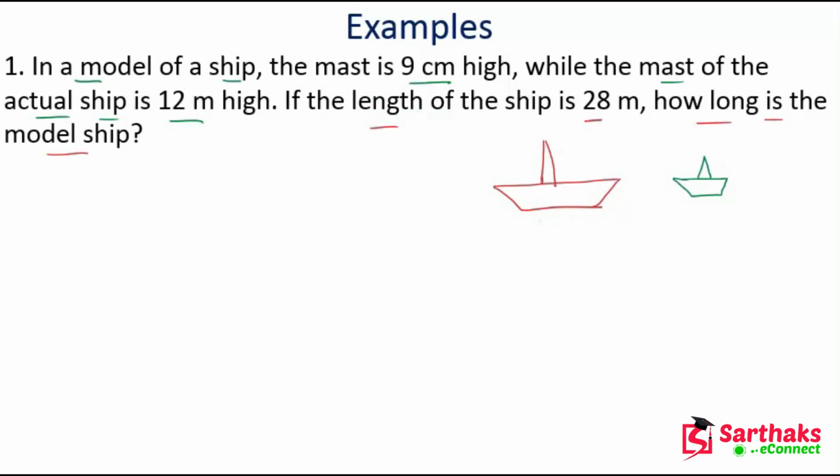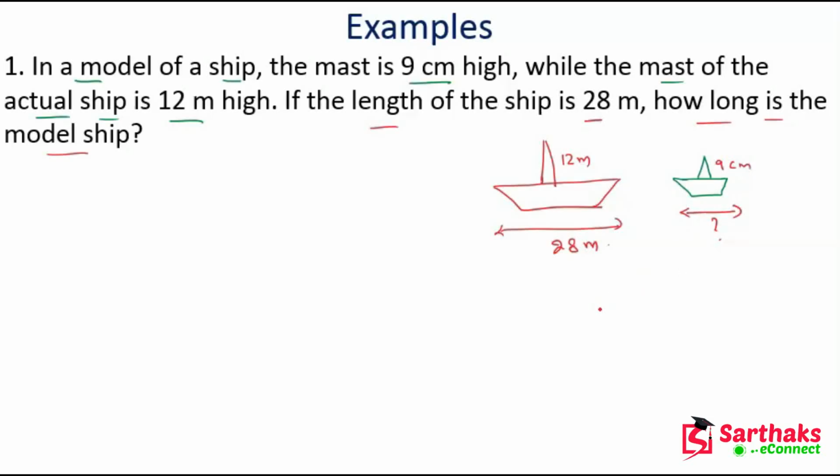Here you can observe that the length of the mast of the actual ship is 12 meter and the length of the actual ship is 28 meter, and the height of the mast of the model ship is 9 centimeter, and the length we have to find.